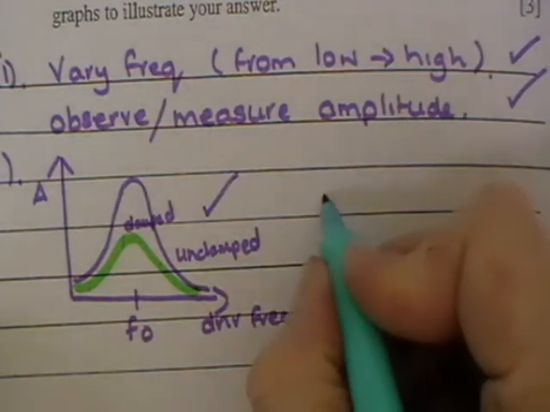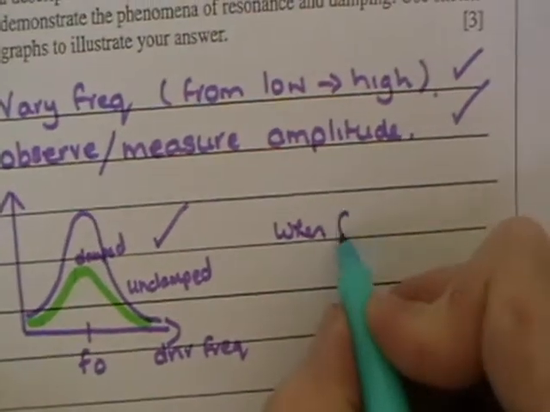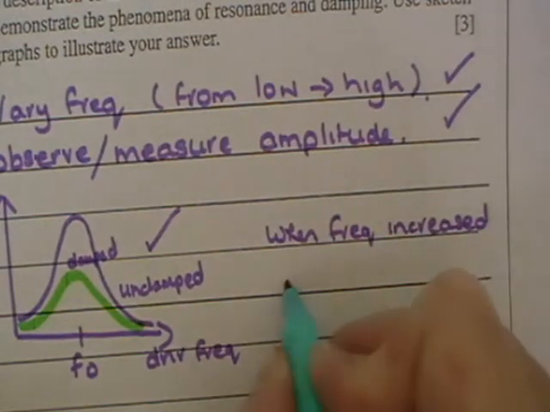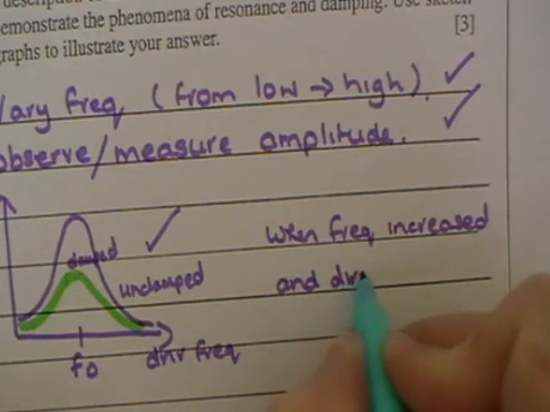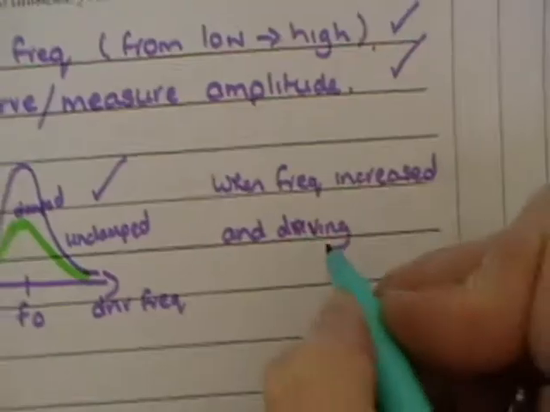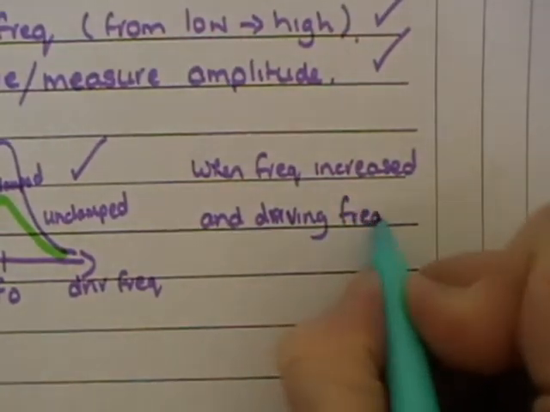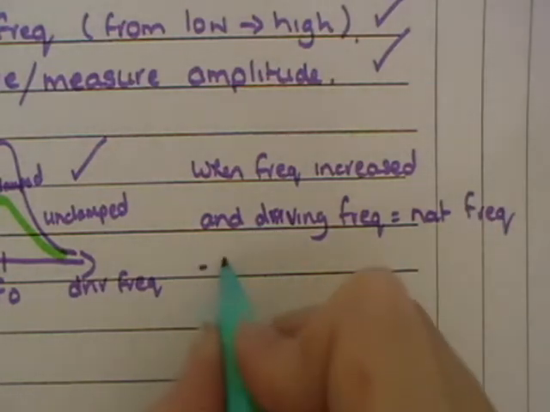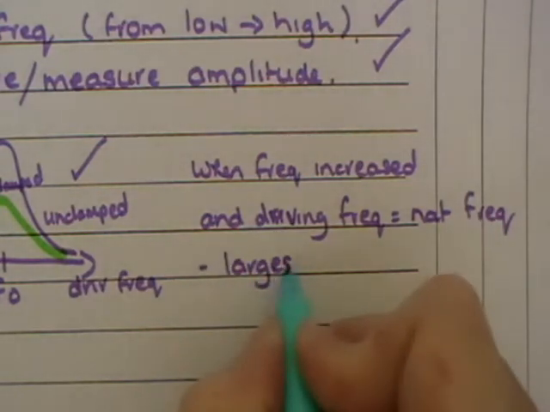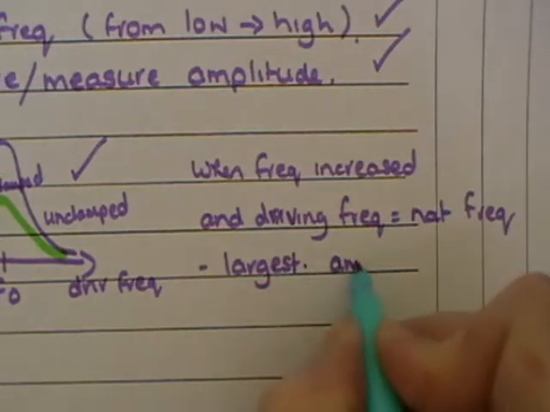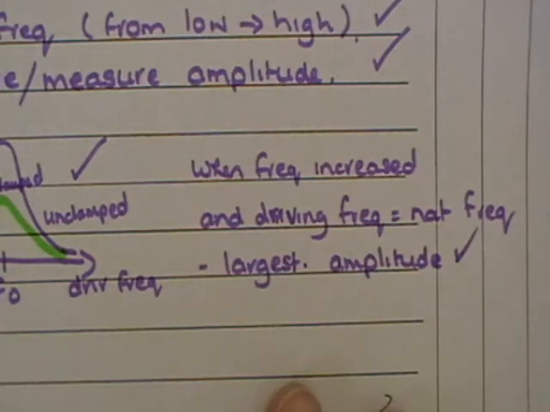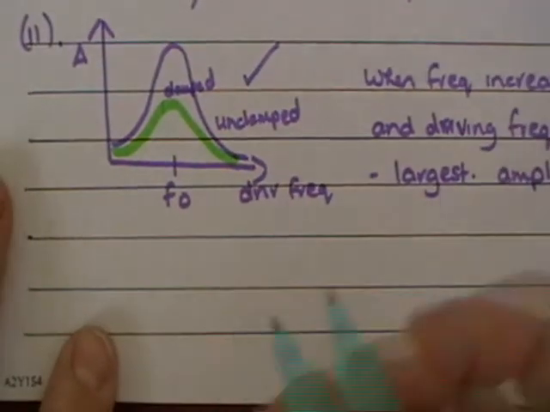And then you should be saying, when the driving frequency, or force frequency, equals the natural frequency, then you get the largest amplitude. And so there's a mark for that. And then the last mark is saying something about when it is damped.